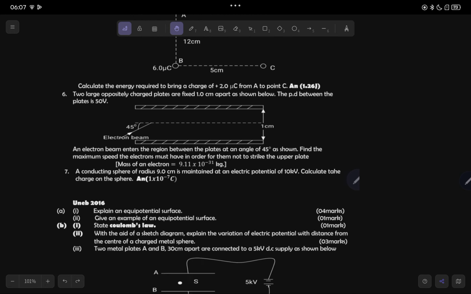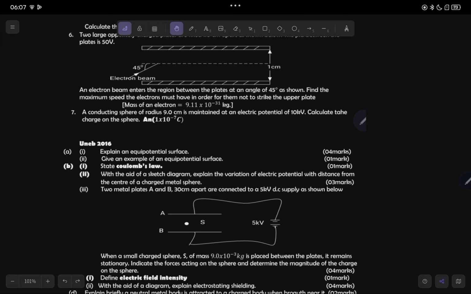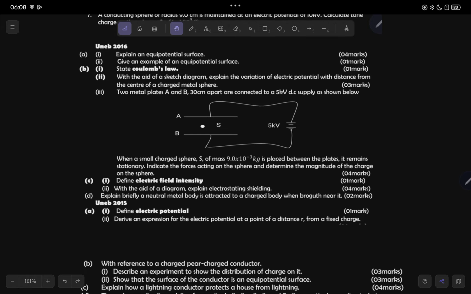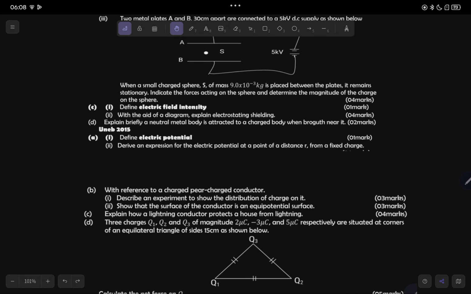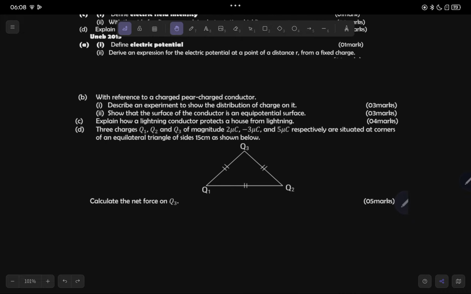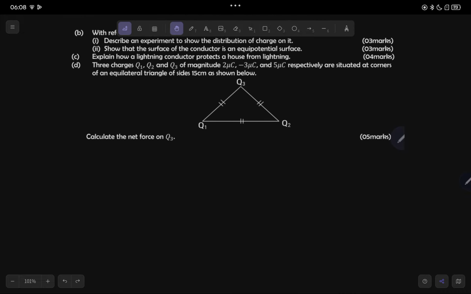From the beginning, you can see Coulomb's law coming in along the way, electric field intensity is there, electric potential is there, then potential energy and conductors are there.